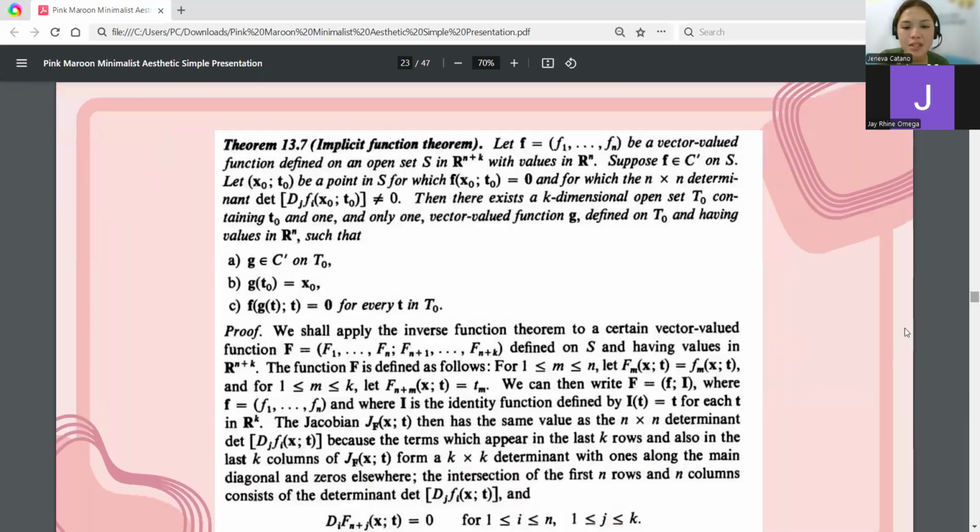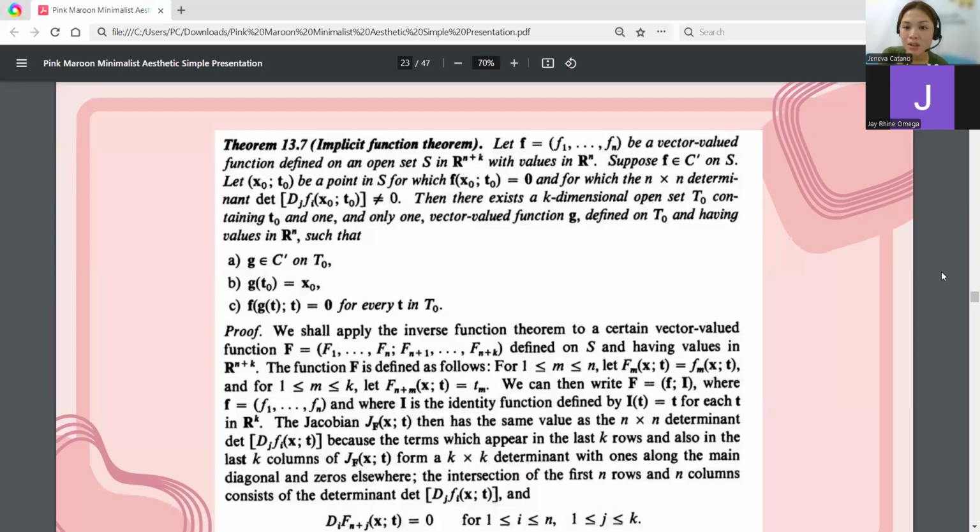Let's proceed to Theorem 13.7, the implicit function theorem. Let f equal (f sub 1 up to f sub n) be a vector-valued function defined on an open set S in R to the power of n plus k, with values in R to the power of n.